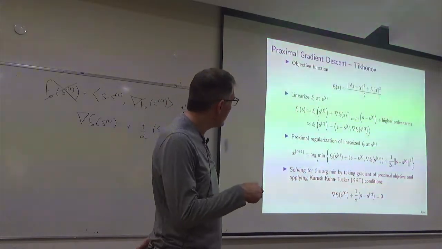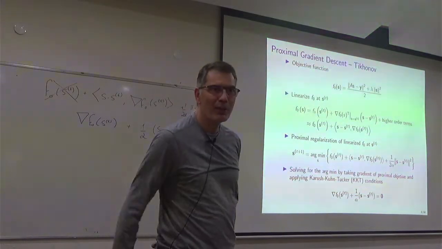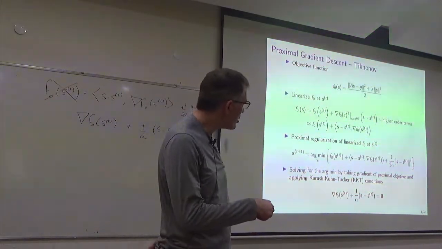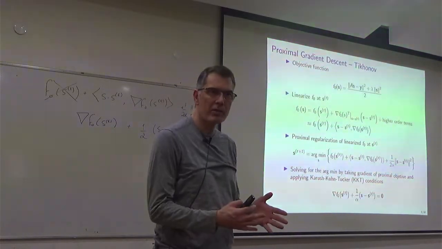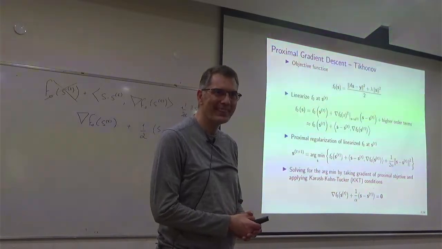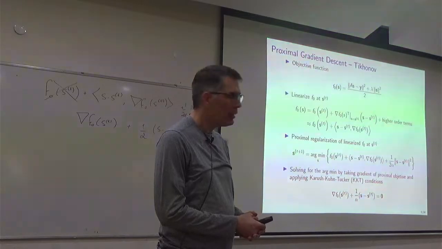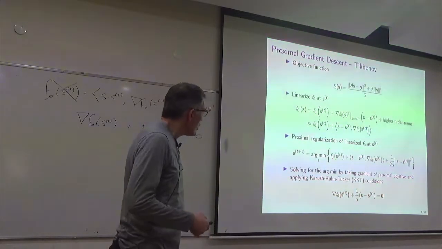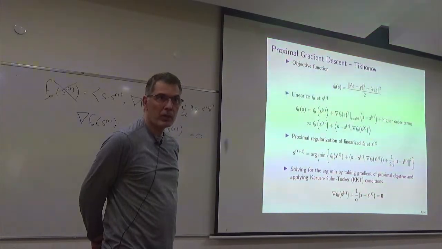And then, did I drop the lambda? Yeah, it seems I dropped the lambda. But this will force, it's a regularizer in the sense that it will force a smaller step size. Is that what you're asking? Okay. So it forces the step to be smaller than it would be if it were not there.